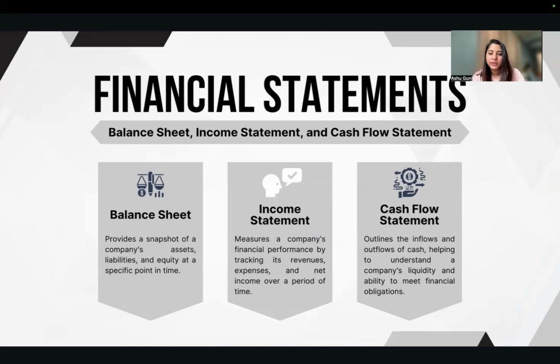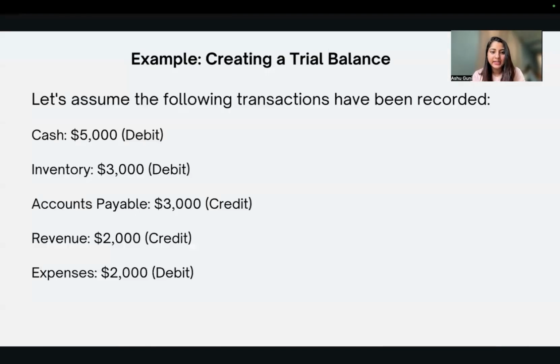And we have the cash flow statement, which outlines the inflows as well as the outflows of cash, which helps us understand the company's liquidity and ability to meet financial obligations. So these are the financial statements, and we can prepare them using the trial balance. We will discuss balance sheet preparation in the next slides.